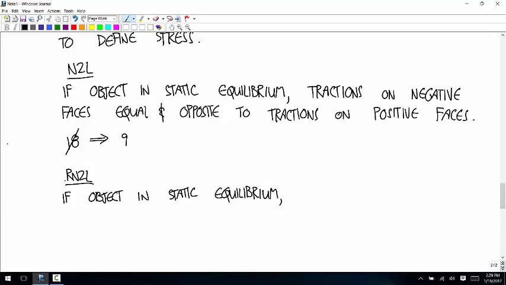So if an object's in static equilibrium, the AB traction has to be equal to the BA traction. Let me show you what that means.